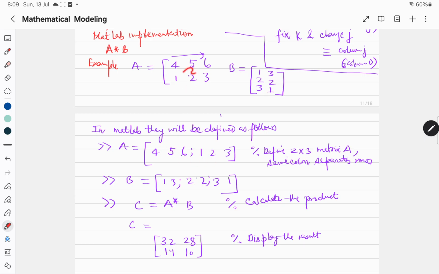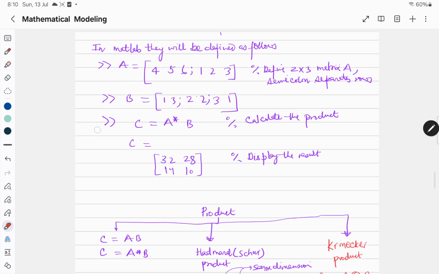Okay, so this defines the 2 cross 3 matrix A, and the semicolon separates rows, right? Now similarly you can define the B matrix. So 1 3, that is the first row, semicolon, second row 2 2, then semicolon 3 1. Okay, now you will put A star B, that will be stored in C. So this will calculate the product, and that will result in 32 14 28 10. So this is the MATLAB implementation.